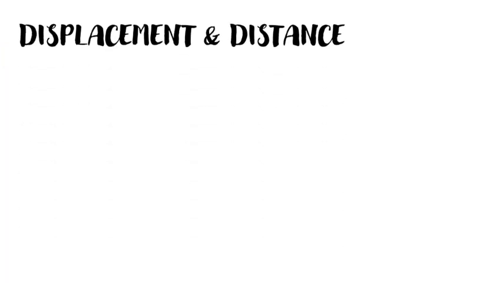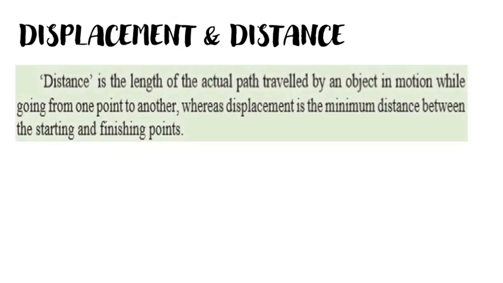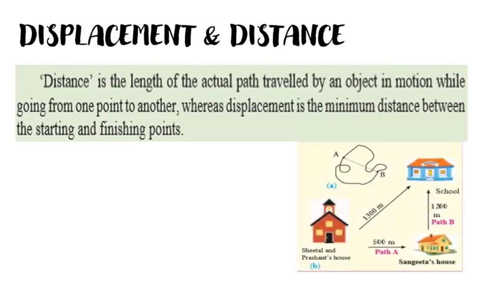So displacement and distance. Distance is the length of the actual path traveled by an object in motion while it is going from one point to another, whereas displacement is the minimum distance between the starting and the finishing point. In the previous example, as we saw, the distance was the actual length which was traveled.